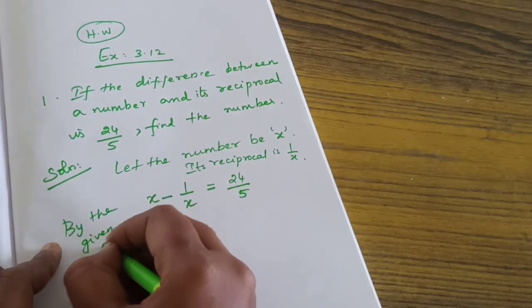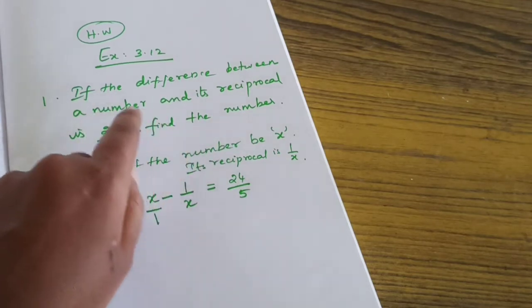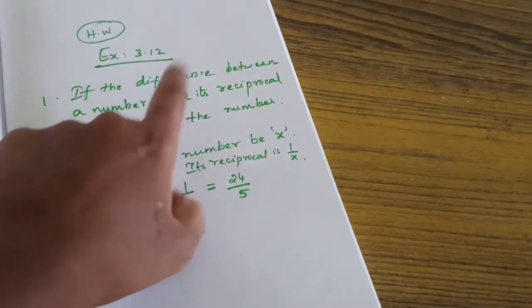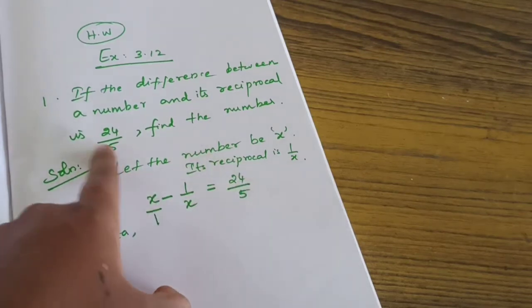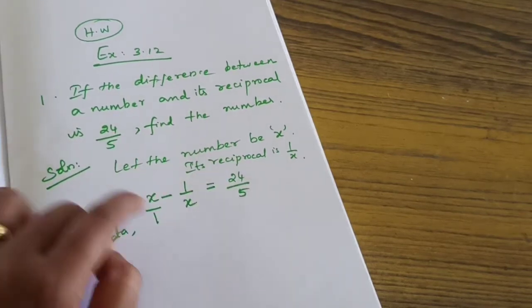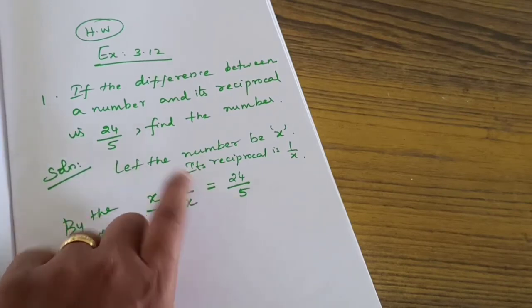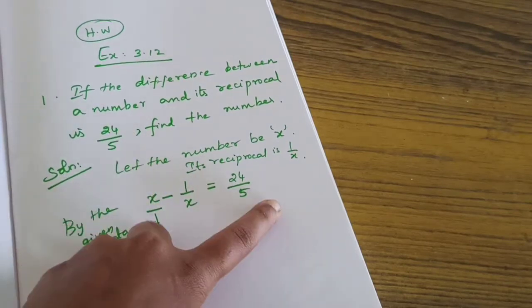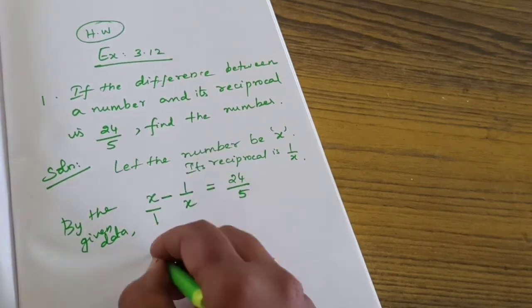By the given data, difference means minus between which numbers? A number and its reciprocal. Reciprocal means 1 by x. Is means equal to. Whenever you face is, was, will, in that place you need to put equal to. So 24 by 5. Find the number. The x value you need to find. Okay students?